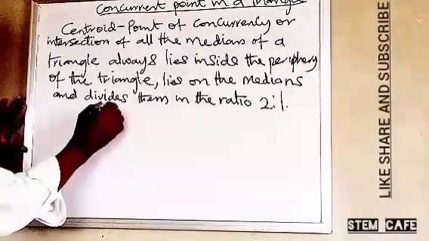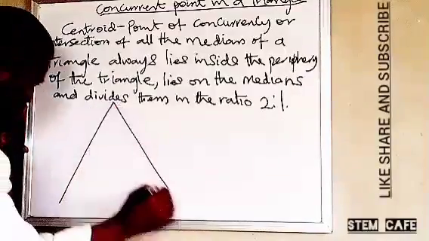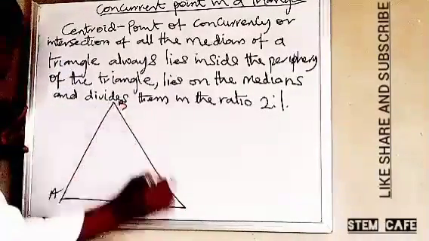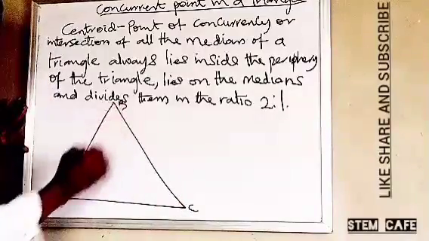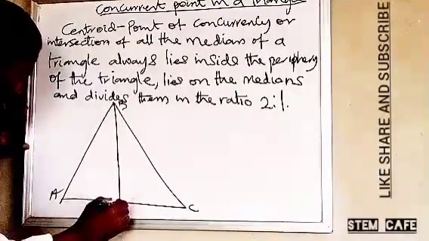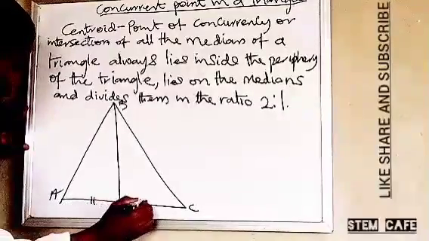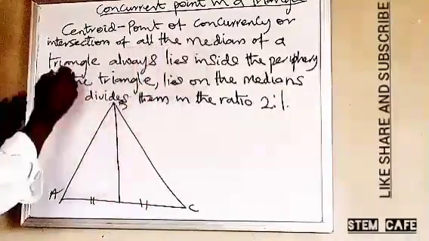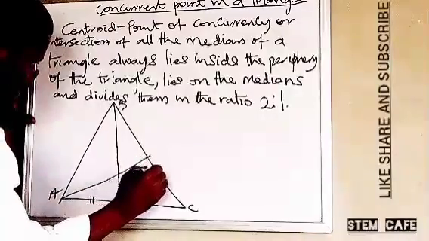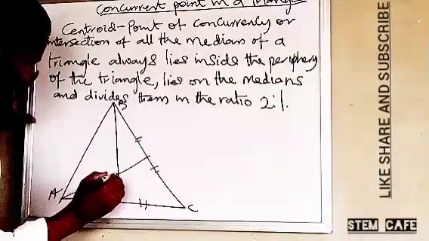Now let's look at it. We have a triangle like this, A, B, and C, and then the center is dotted by this one. The median is cutting this side equally, this one too equally, and this one too.